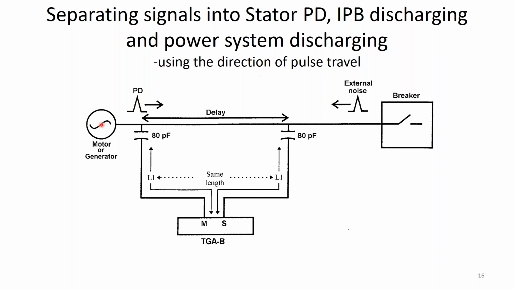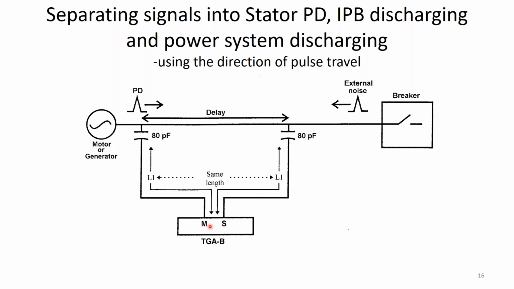And so if I have a PD pulse coming from this direction, it's first going to be detected by this sensor. And then if, say, this is 5 meters here, it's going to take 15 nanoseconds for that pulse to reach this sensor. And if we have an appropriate electronic box in hardware, we can see that the M, or machine input, goes digital high 15 nanoseconds before the S, or system sensor, goes high.